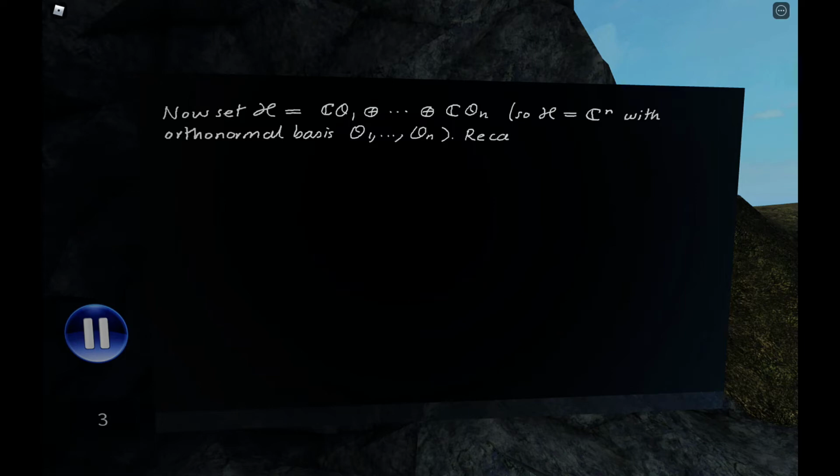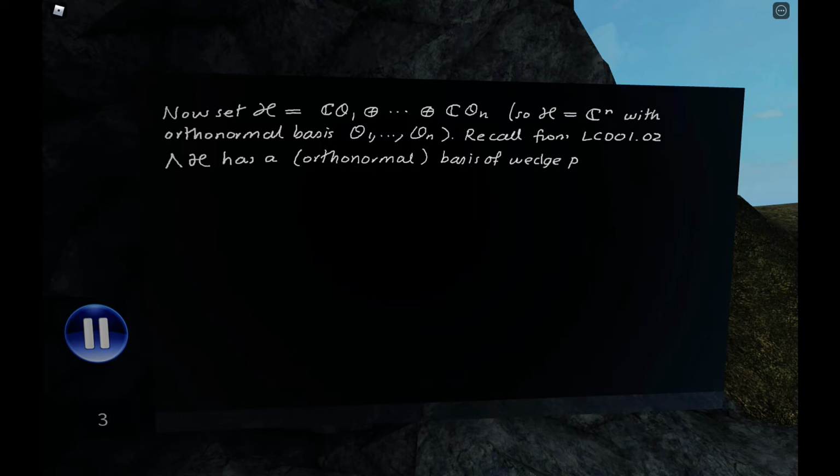Recall from earlier, namely LC001.04, that the exterior algebra of H has a basis, we proved that it was a basis: the wedge products.